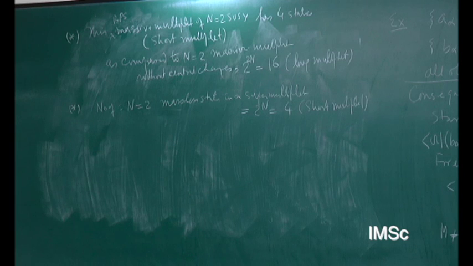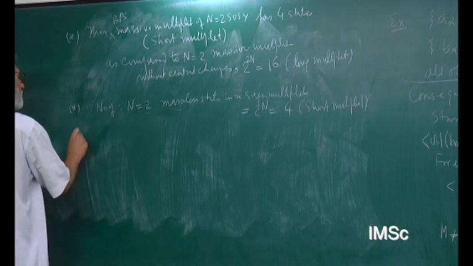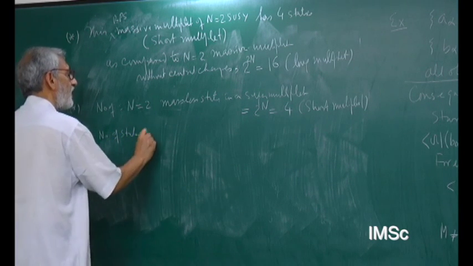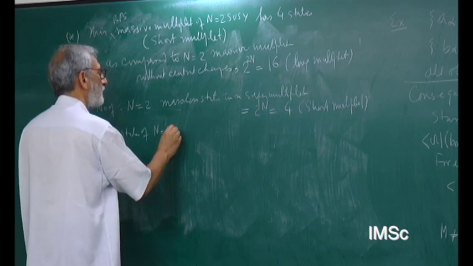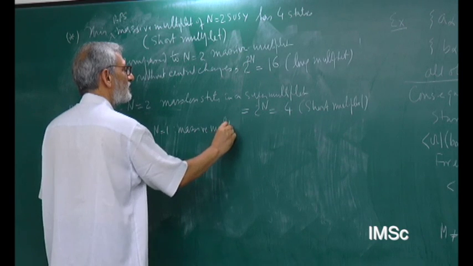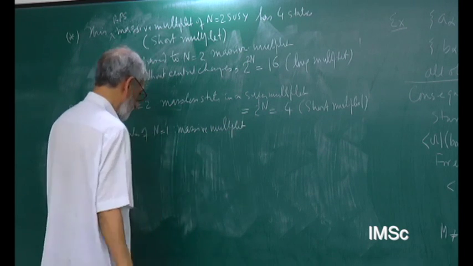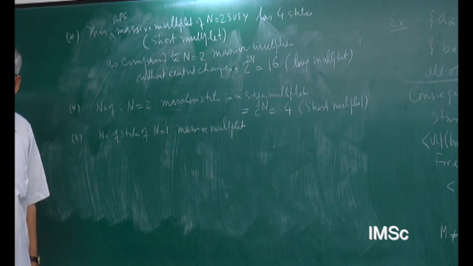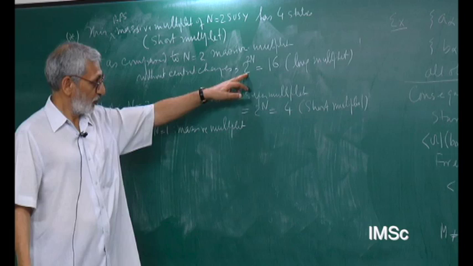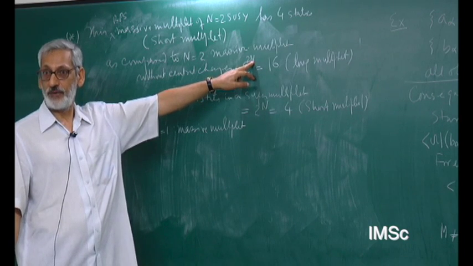And there is another interesting property. This is also equal to the number of states of an N equal to 1 massive multiplet, because that massive multiplet will have 2 to the 2n, and n is 1, so that is 4.